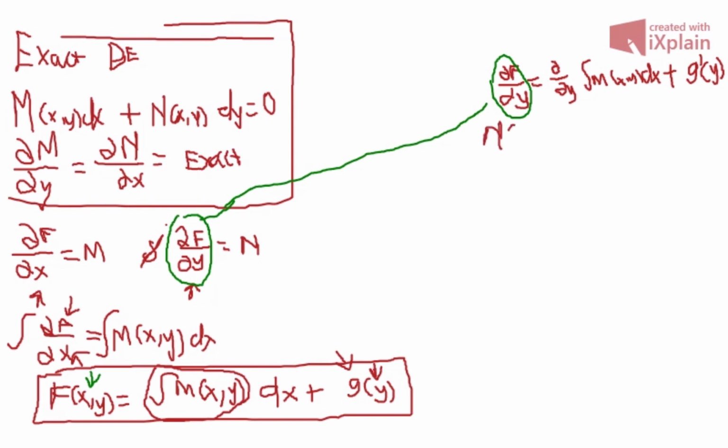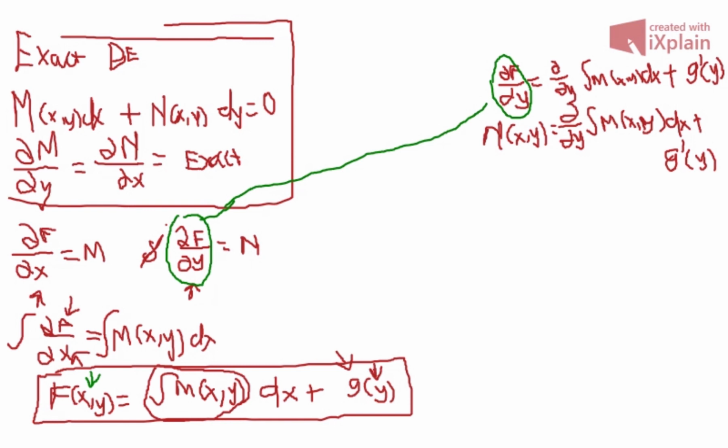So N of x, y is equal to del over del y of the integral of M(x,y) dx plus g prime of y.